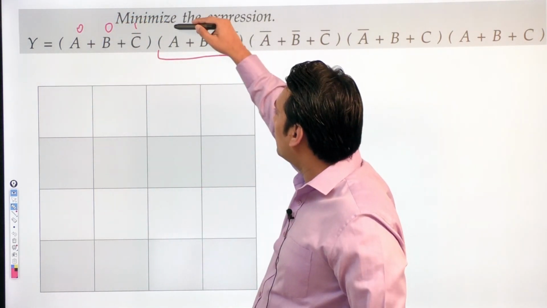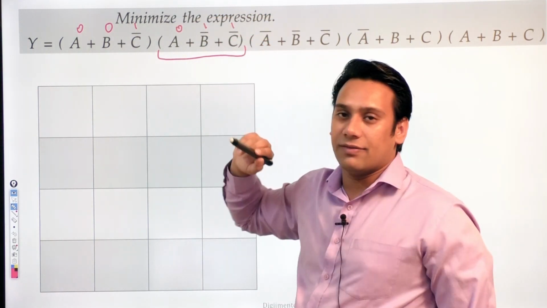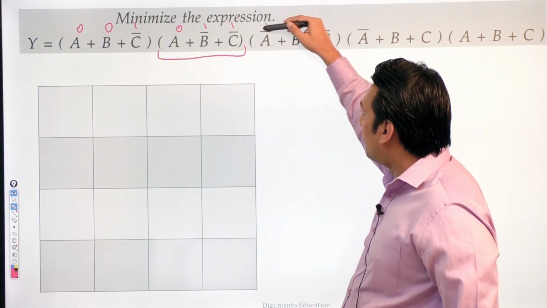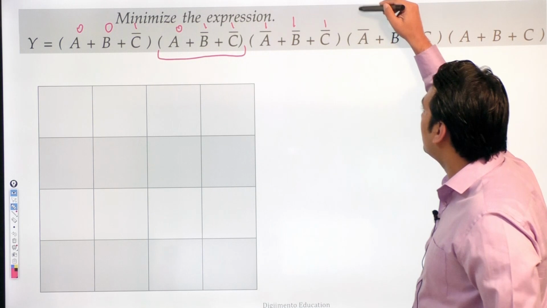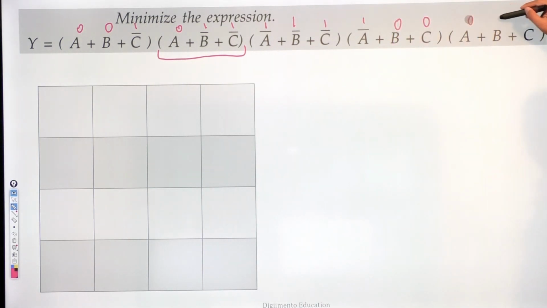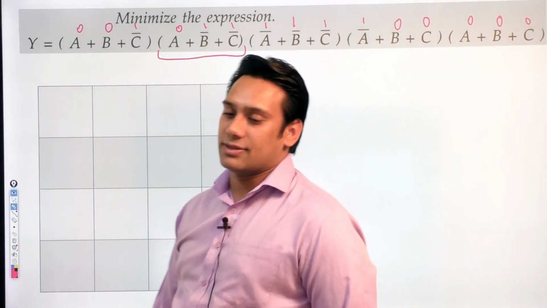Here if I pass a value 0, 1 and 1, then only it will be having a value 0. Here again, 1, 1 and 1, this is 1, 0 and 0, this is 0, 0 and 0. In all of these locations, they are having a value as 0.